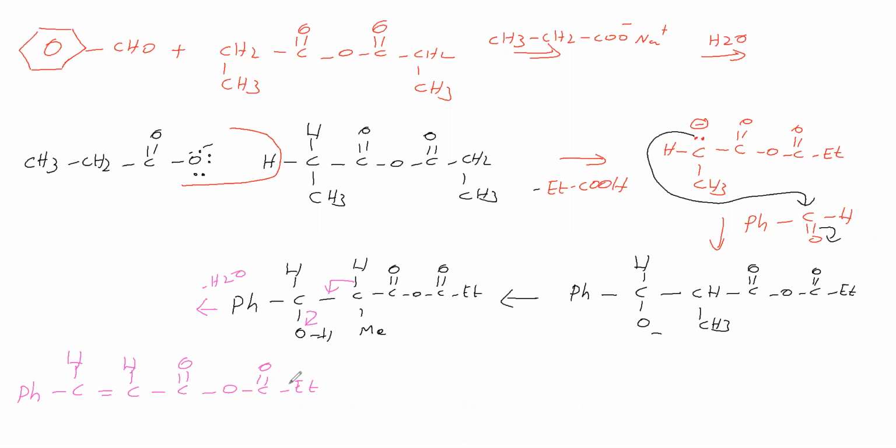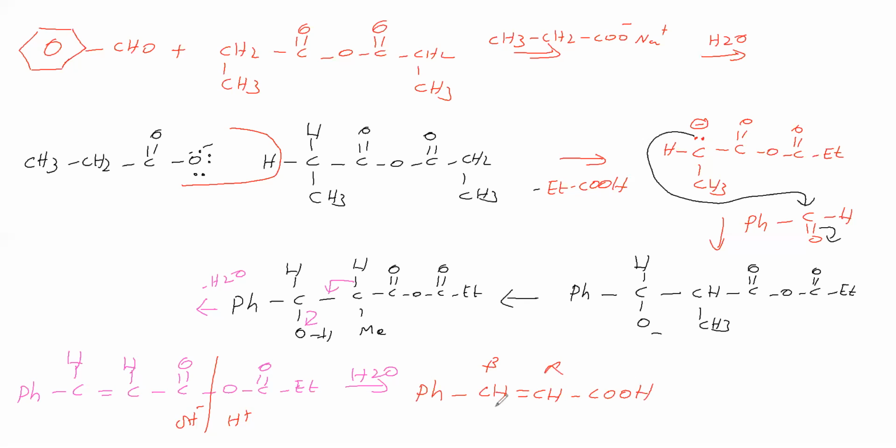Next, it is taken for hydrolysis. So here H plus, here OH minus. It is leaving as carboxylic acid. So we are getting Ph CH double bond CH COOH. That means alpha carbon, beta carbon, so we are getting an alpha, beta unsaturated carboxylic acid.